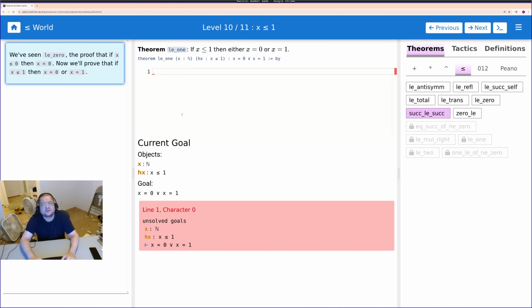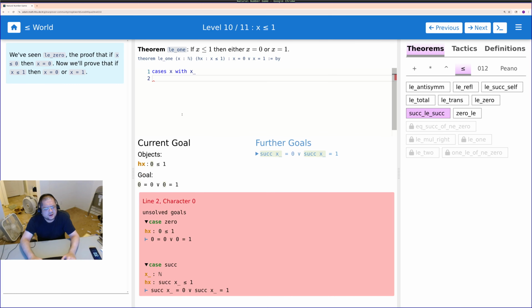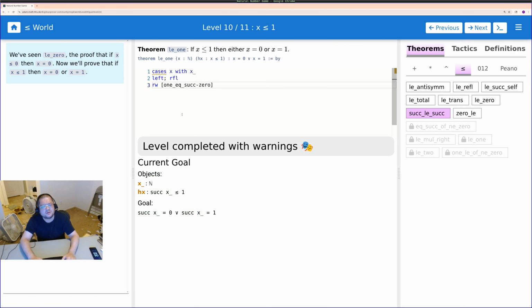If x is less than 1, it's either 0 or 1. Okay, so let's break x up. Left. So rewrite 1 equals successor 0 at hx.